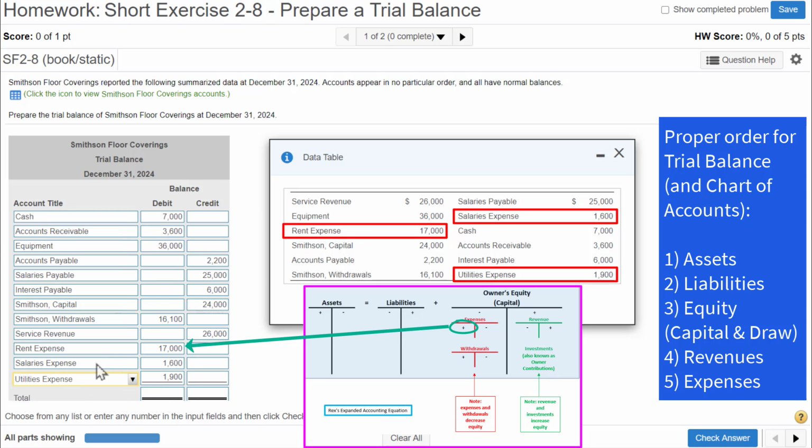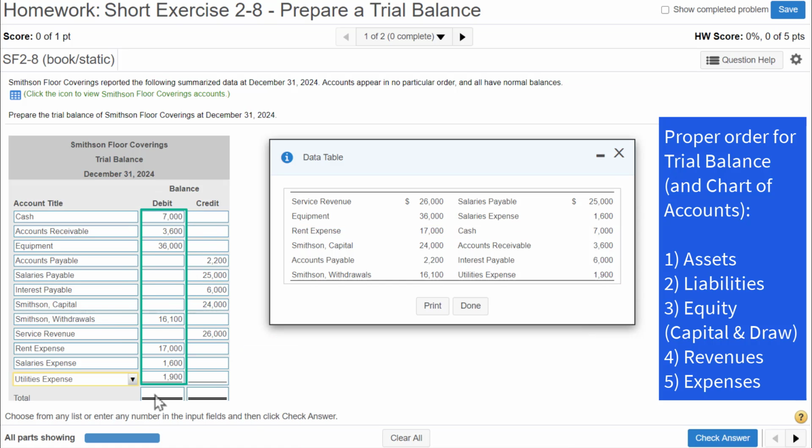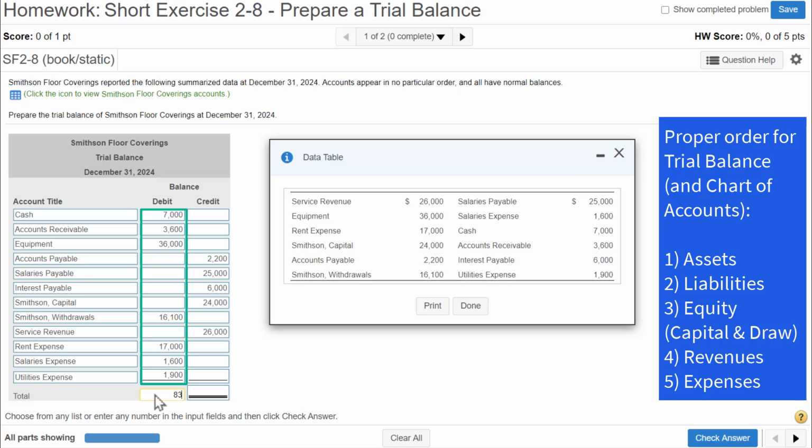So the last thing we do, we're going to add up the debits. So we're going to add up all these debits, and we get 83,000. Put the comma in there so it's easier for you to read. And then when we add up the credits, we also get 83,200. Oops, wrong place. And now our debits equal our credits.